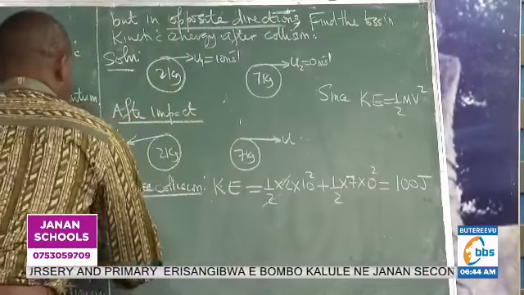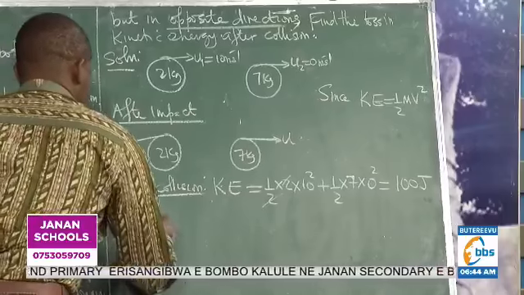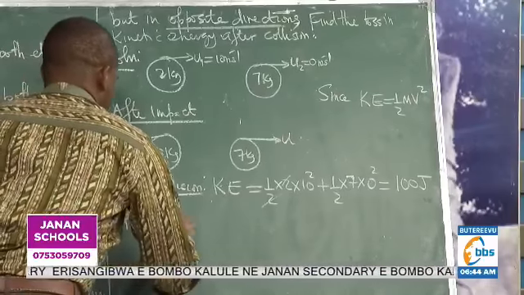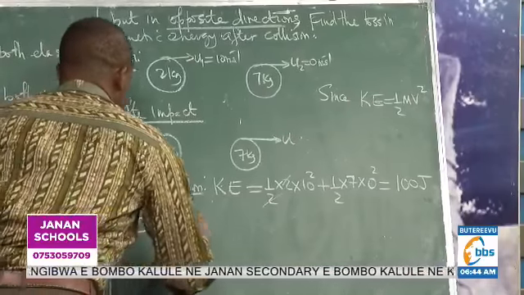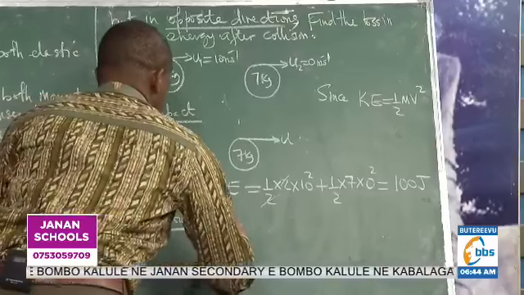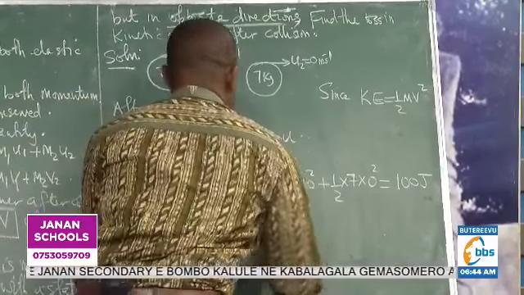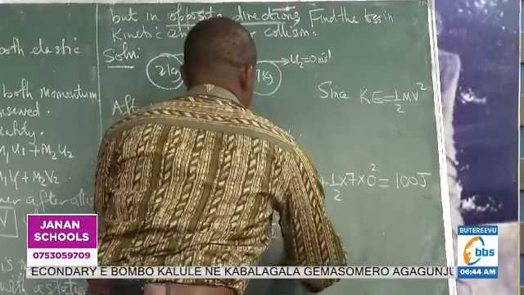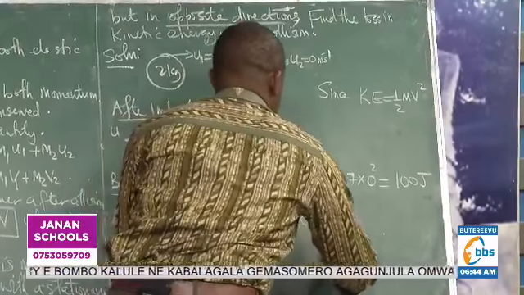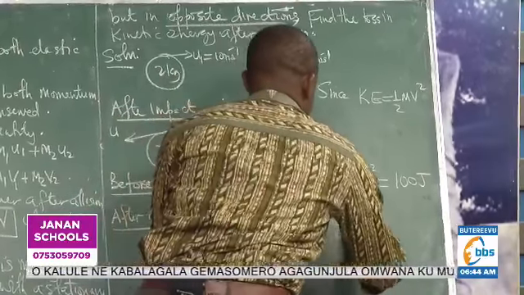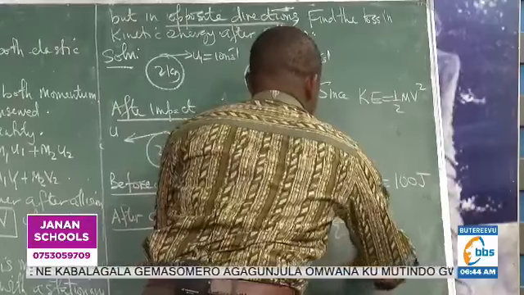After collision, the kinetic energy will be a half times the mass times u squared plus a half times the mass of the second one times u squared.